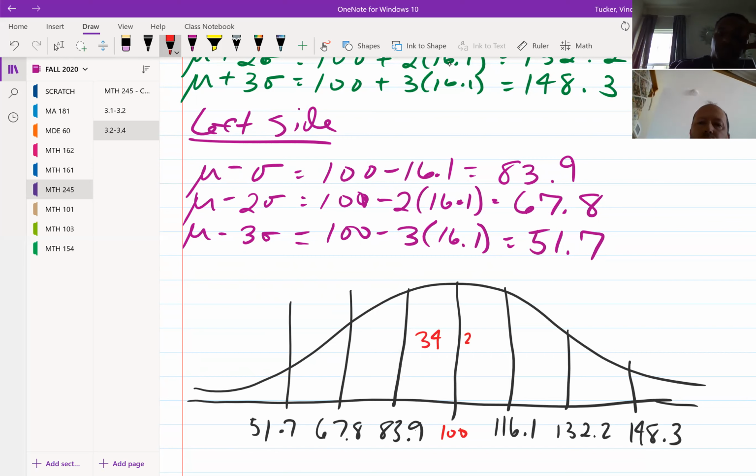All right, percentages stay the same. So those numbers at the bottom will change, but the percentages will always stay the same. The percentages are a part of your empirical rule relationship.